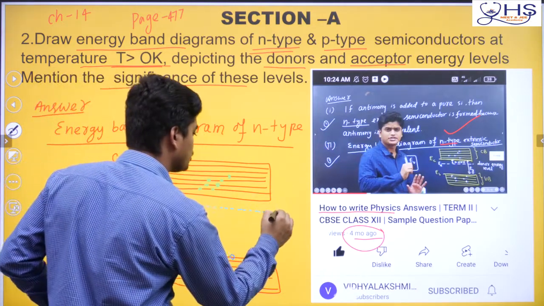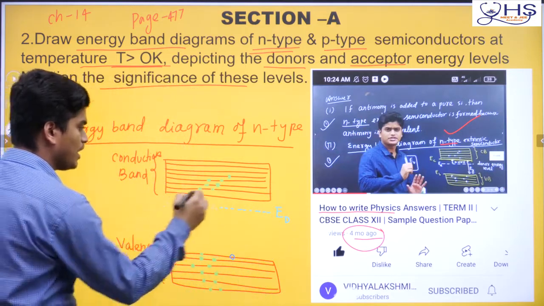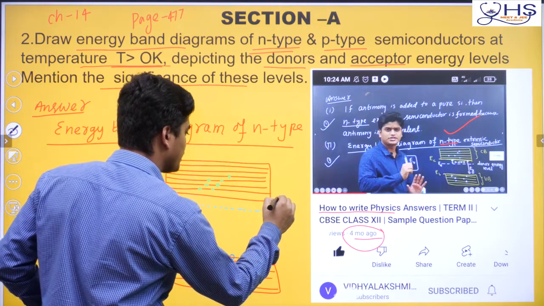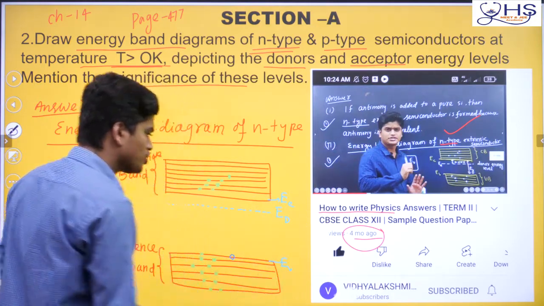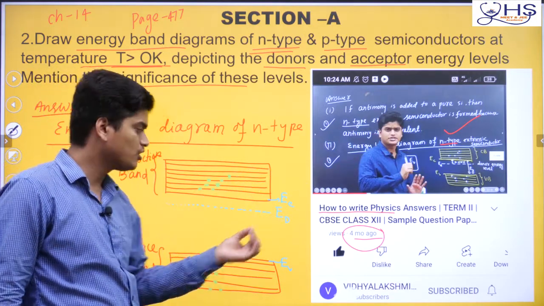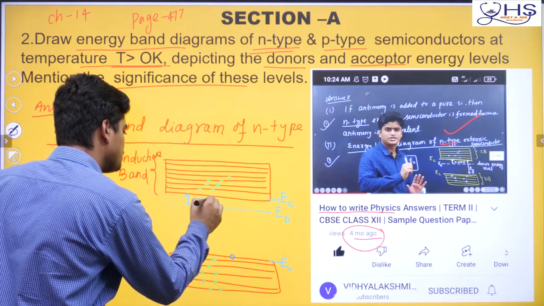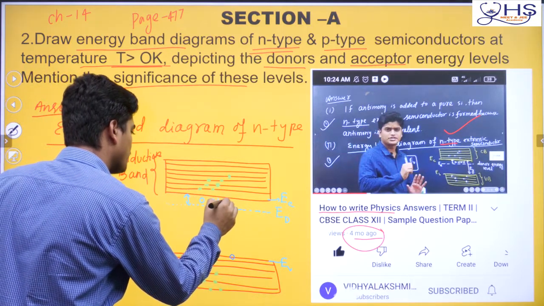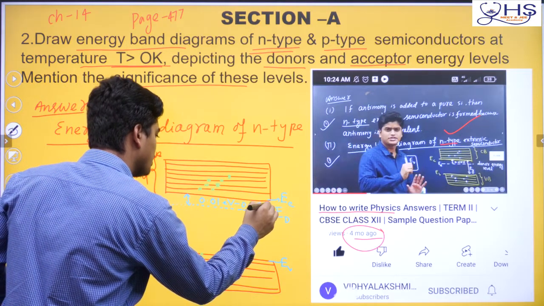This is ED, the donor energy level, this is EC and this is EV. Just below the conduction band you should put one label called the donor energy level, and give this gap as 0.01 electron volt to 0.05 electron volt.